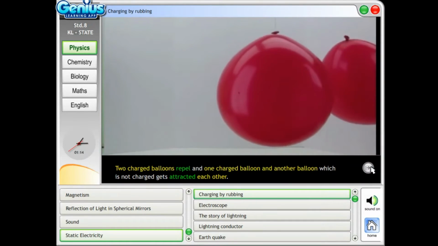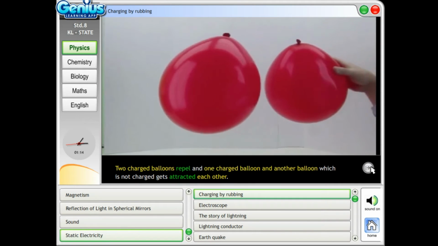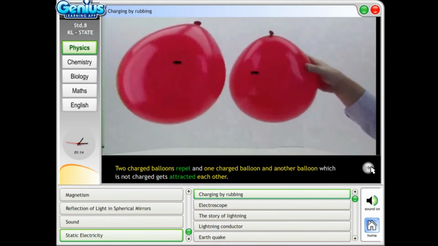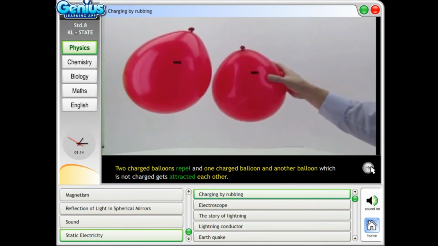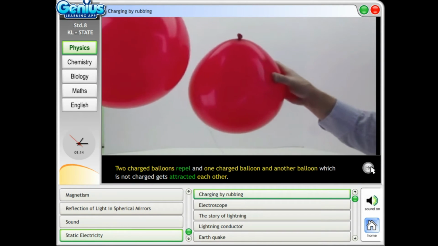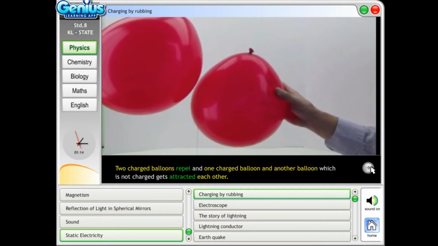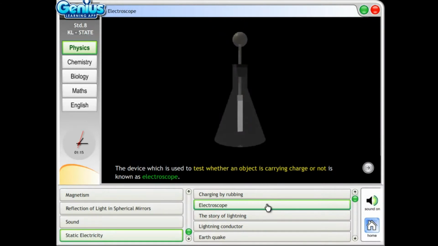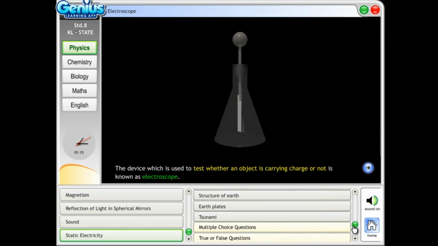Two charged balloons repel, and one charged balloon and another balloon which is not charged get attracted to each other. Electroscope. The device which is used to test whether an object is carrying charge or not is known as an electroscope.